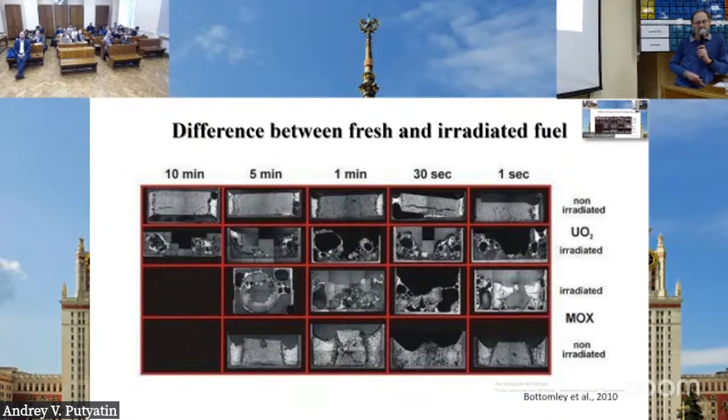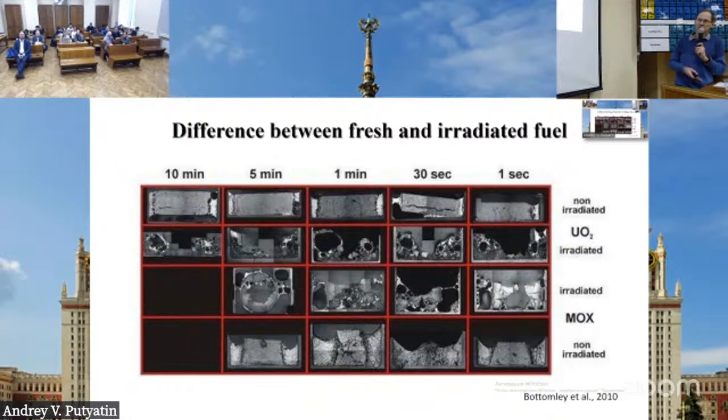But nevertheless, there were some experiments in which people compared the behavior of uranium dioxide, which is embedded into the cladding, unirradiated and irradiated uranium dioxide fuel. And you see that the difference is quite dramatic, both for MOX fuel and for pure uranium dioxide fuel.